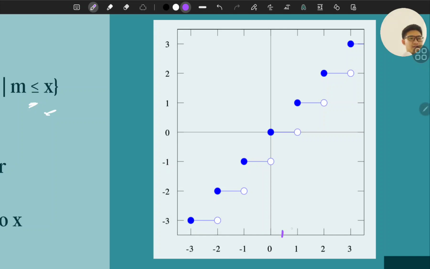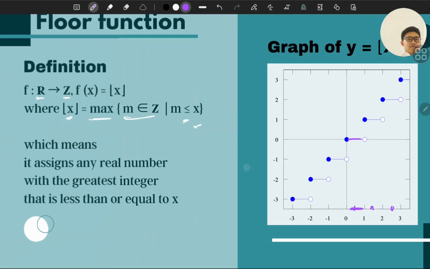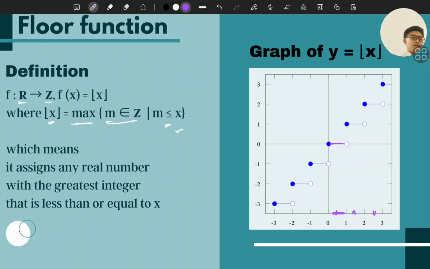However, if it's not an integer, notice that everything between 0 to 1 is just assigned to 0. This is because 0 is your greatest integer that is less than all numbers within 0 to 1. And then the same can be said for the other integers.